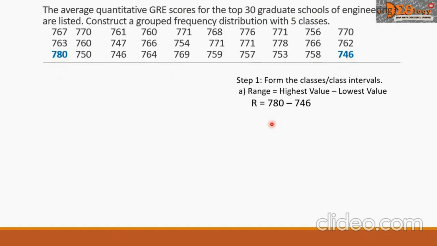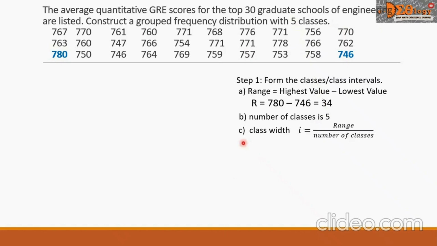So the range is, to get the difference, R equals 780 minus 746, and this is equal to 34. Step 1B, we will determine the number of classes, and it is given already in our problem. So there will be 5 classes.